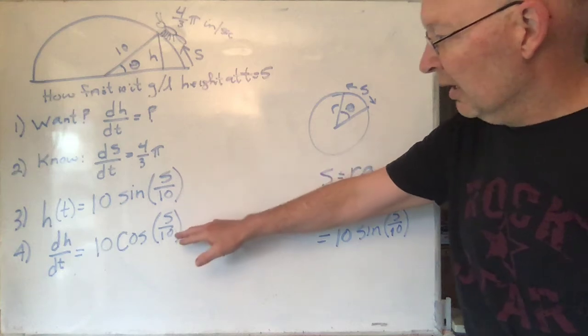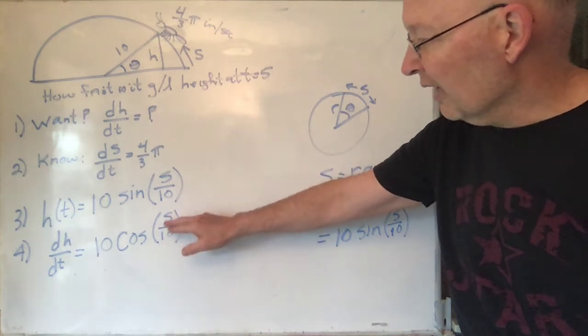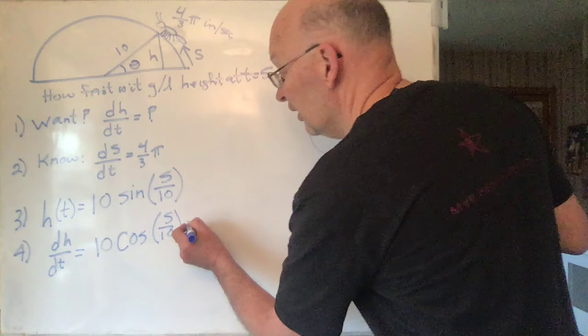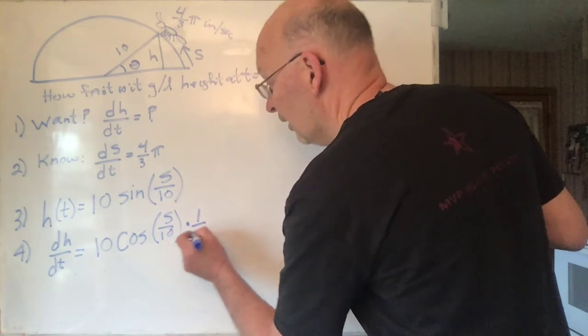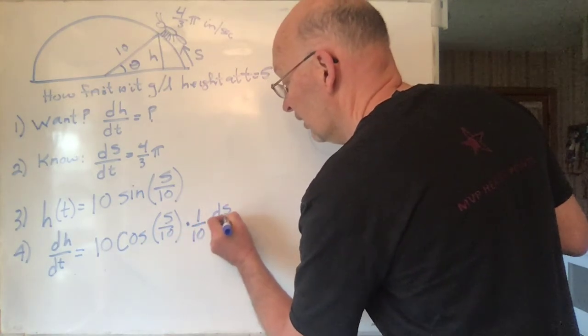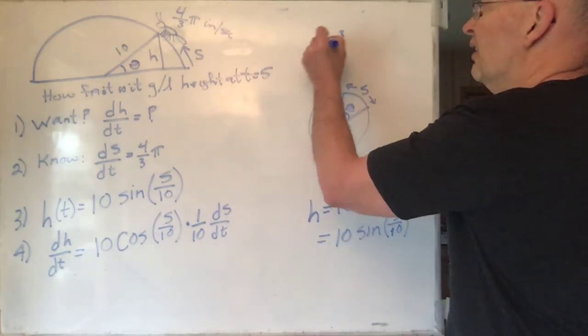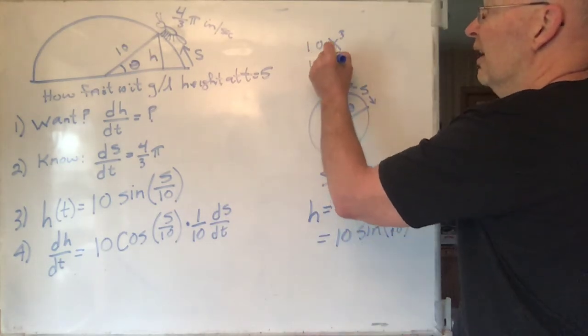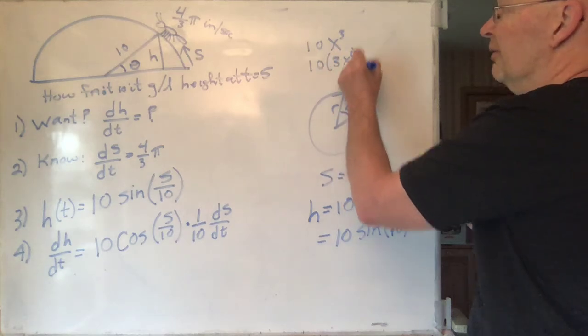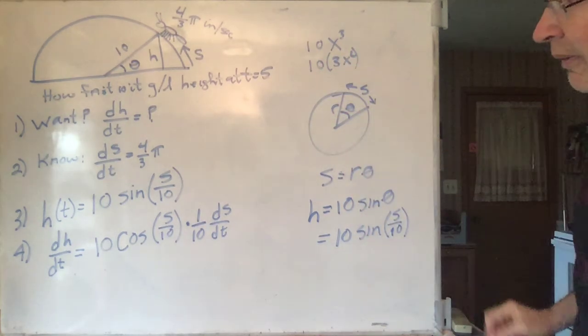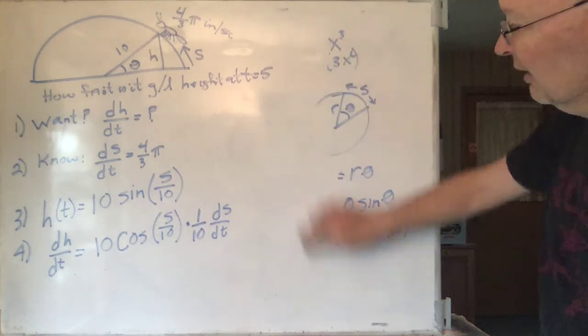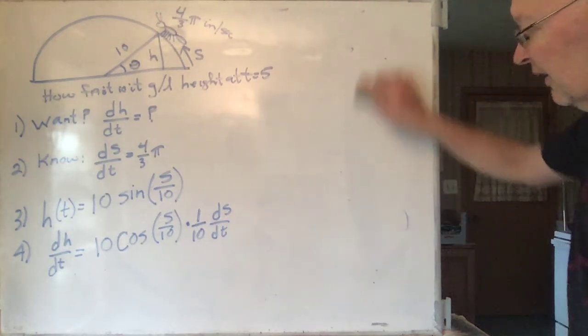So we have s over 10, so the derivative is going to be 1/10 times ds dt. Just like if you had 10x cubed, the derivative is going to be 10 times 3x squared. So it's 10 times the derivative. So we have that. Now we can evaluate it.